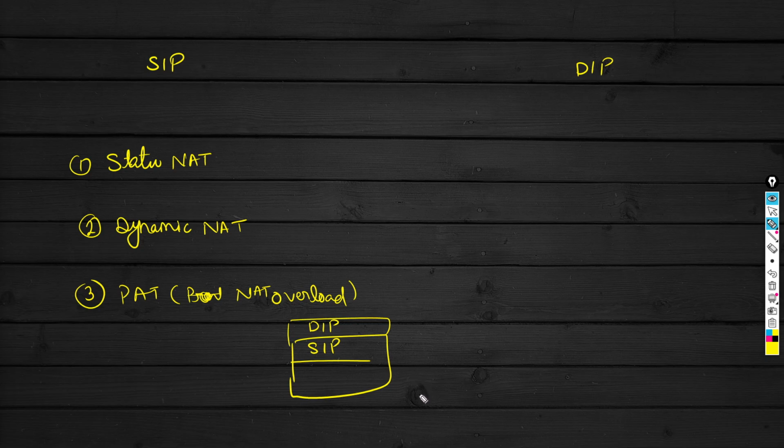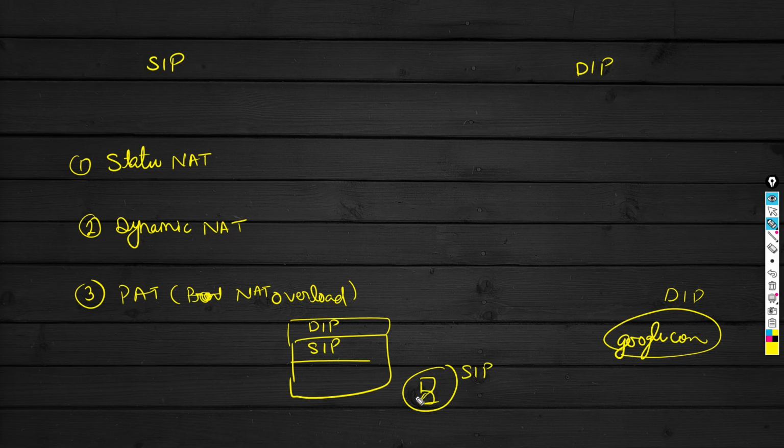If you are accessing google.com from your laptop, the Google IP becomes your destination IP address, and your IP becomes your source IP address. So we want to bifurcate which IP address you are translating, either the source IP address or the destination IP address.